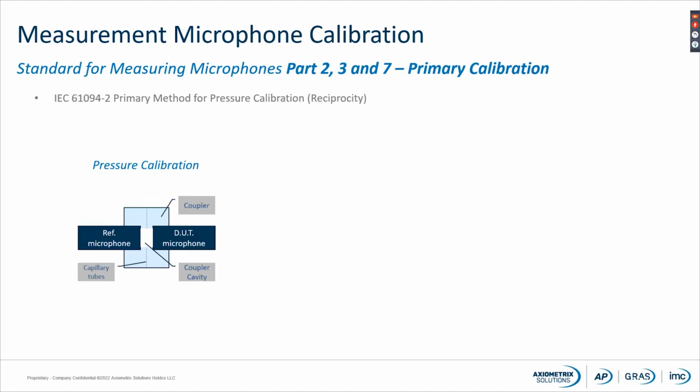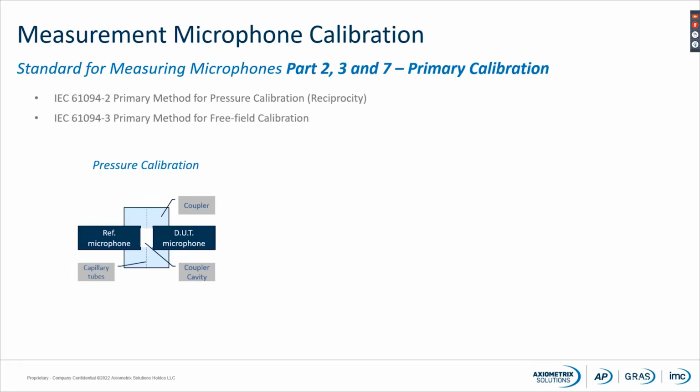And the principle is we are doing a pressure calibration, and the pressure calibration is done in a coupler where we have a reference microphone and we have the microphone we would like to calibrate, the device under test. It's placed in a coupler.